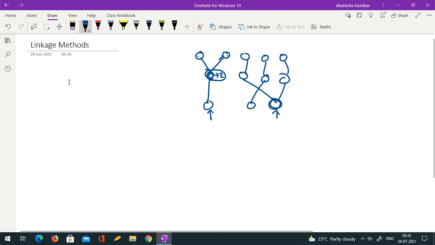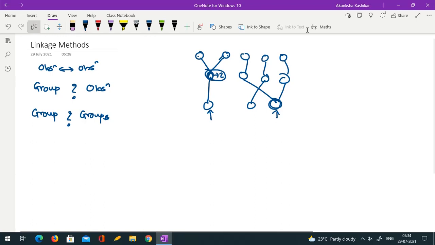So basically we need a way to find the distance between a group and a single observation, or between two groups. So far what we know is just the distance between two individual observations, which we compute via some distance function, but we need to know what to do with groups. That's where linkage methods come into the picture.